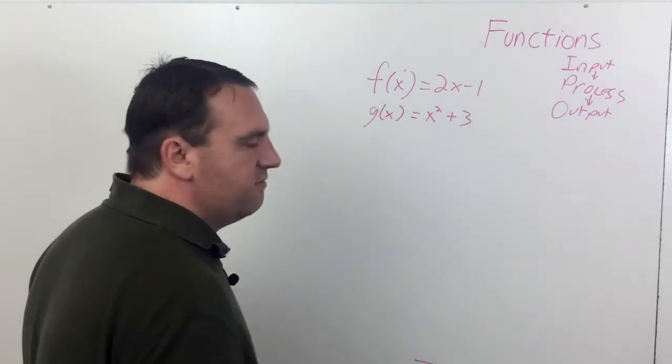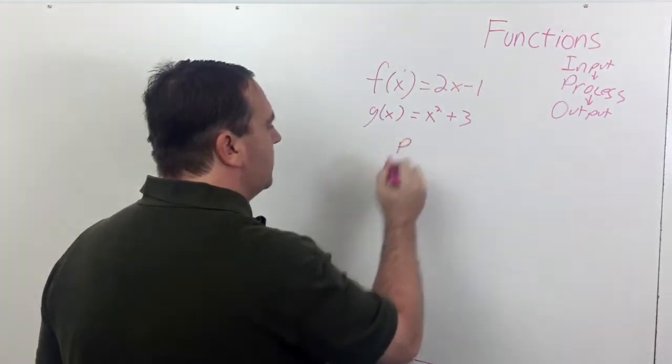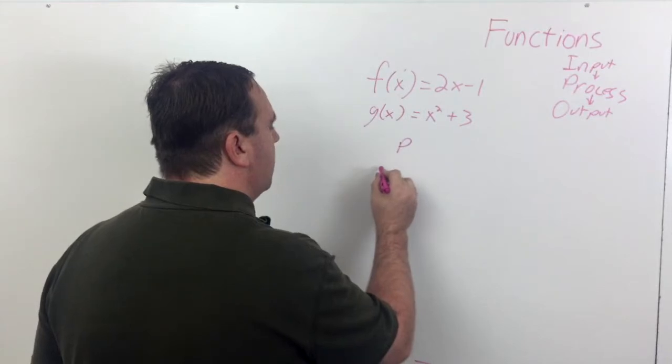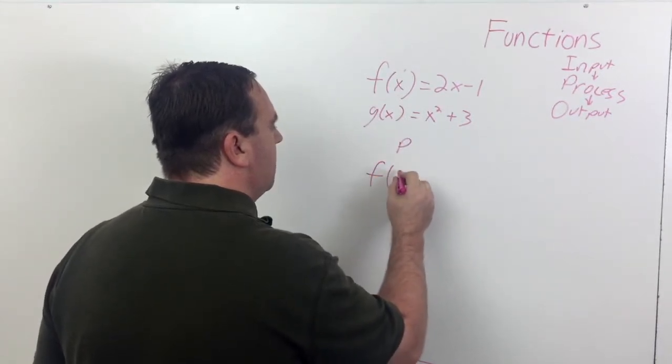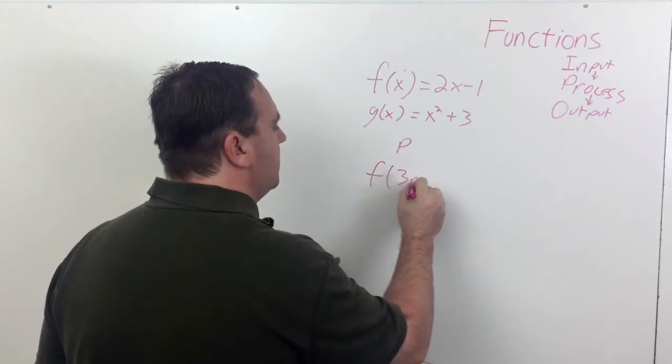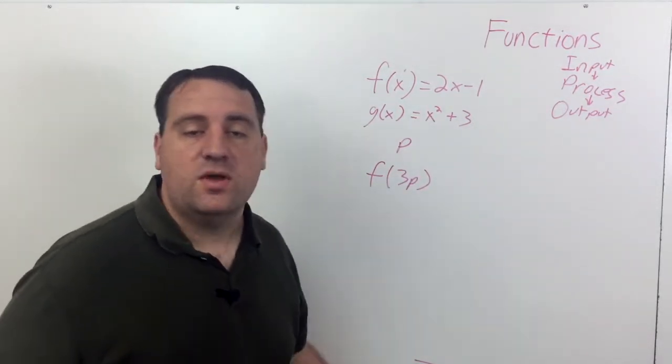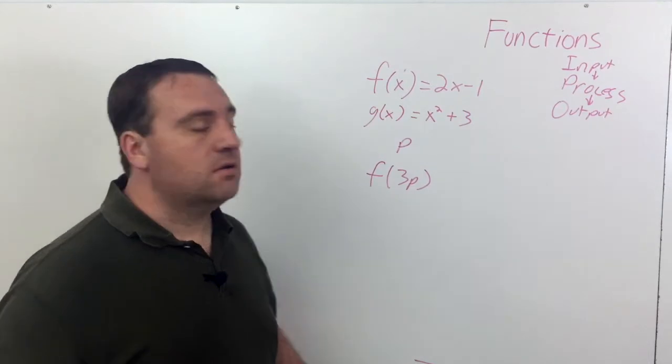Okay, so let's say that we have the variable P. Let's say we want to know what F of 3P is. Well, we do it the same way that we did before. It's no different at all.